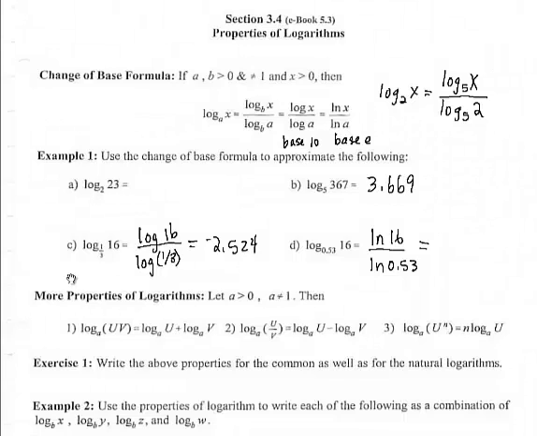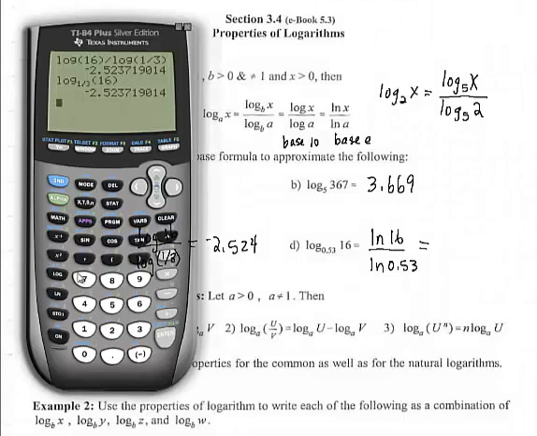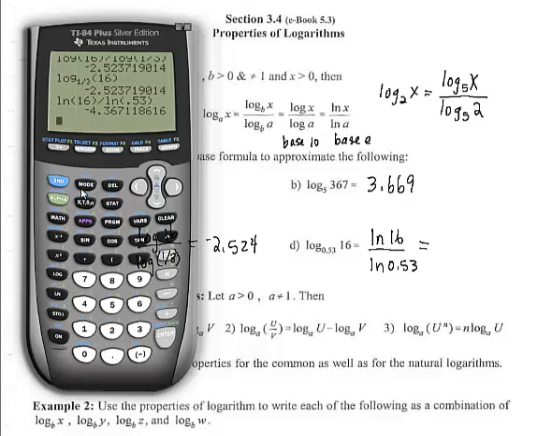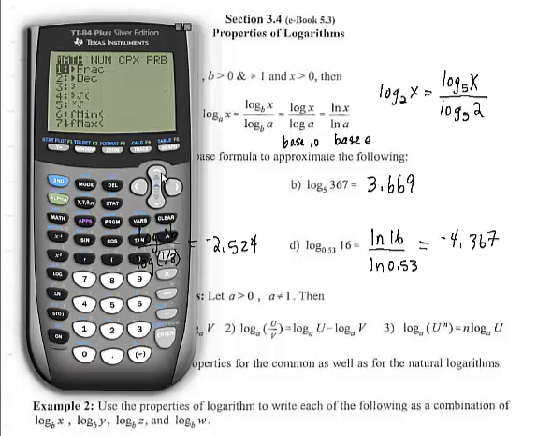And we pull up our calculator and let's see what we get. We have ln of 16 divided by ln of 0.53, negative 4.367 if I round it. And now we'll see what we get if we use the original base of 0.53 with the log base function.